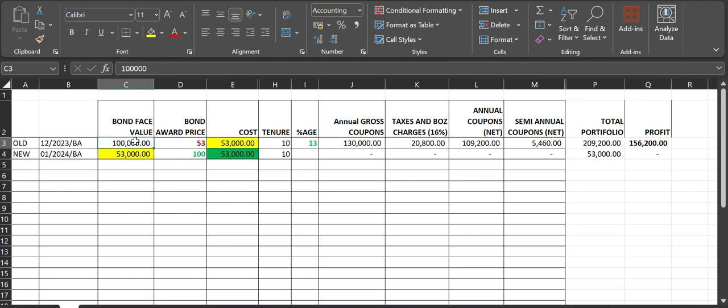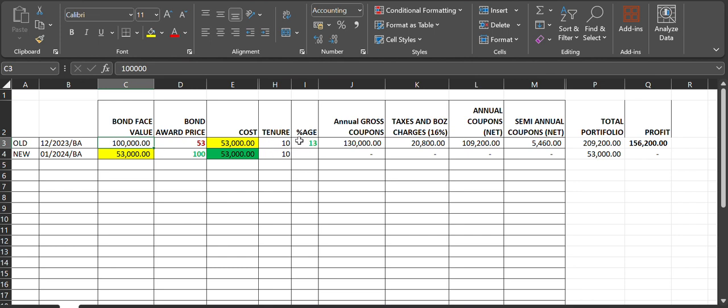The 100,000 kwacha bond, which you got at 53,000 kwacha, also had an annual coupon rate of 13%. So what this meant is you would only get the 100,000 kwacha after 10 years. That's the only time you would get the 100,000 kwacha.